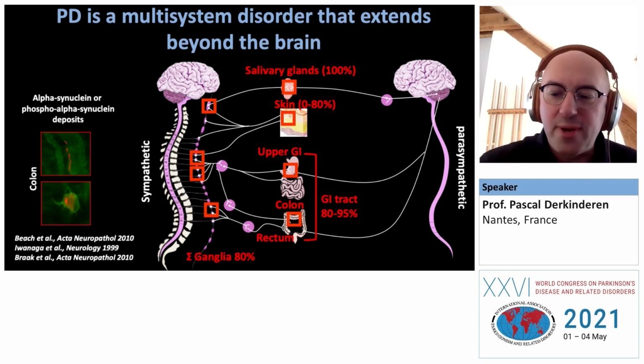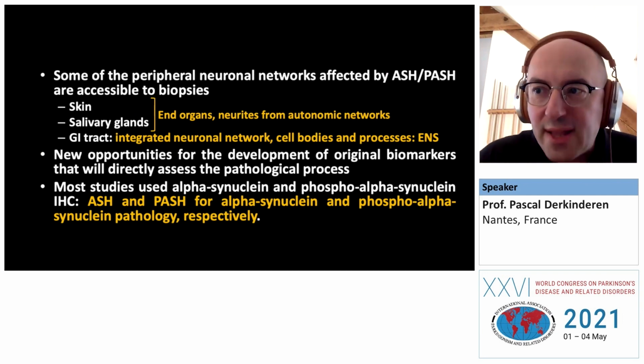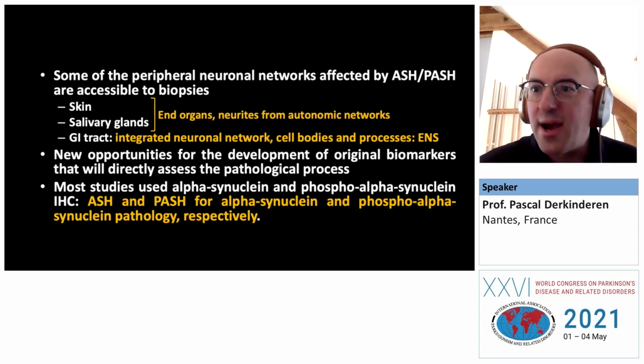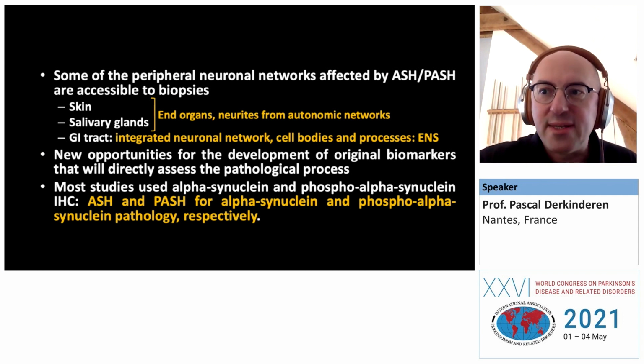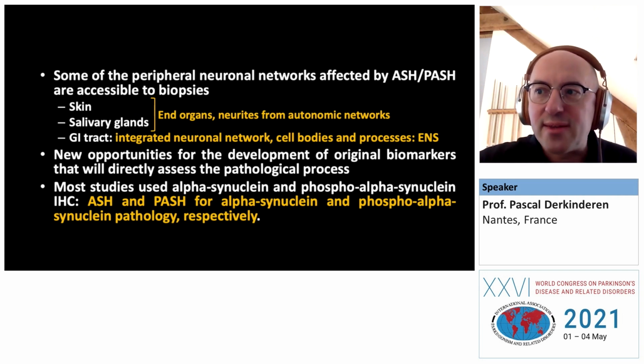Quite remarkably, some of these peripheral neuronal networks that are affected by ASH and PASH are accessible to biopsies. This is, of course, true for the skin, the salivary glands, and the GI tract.